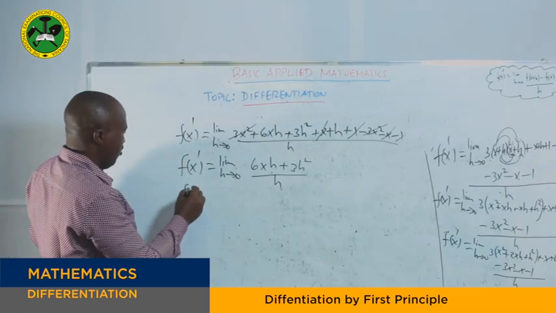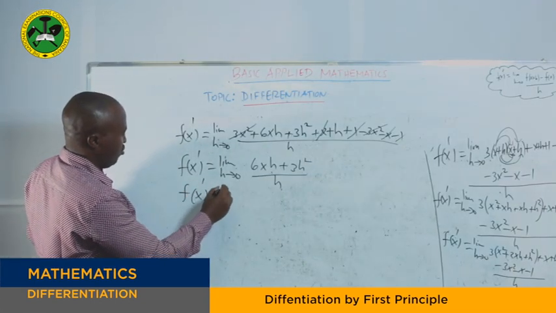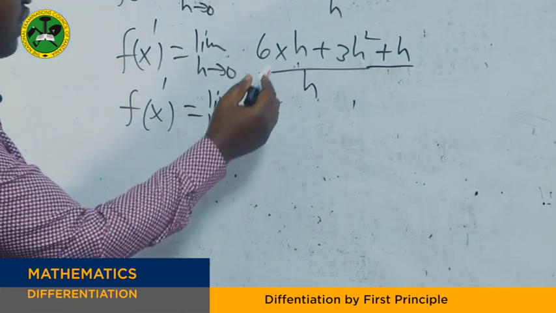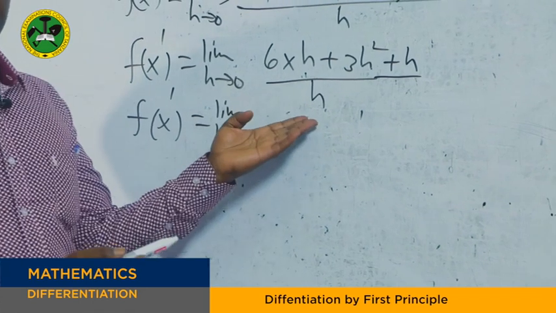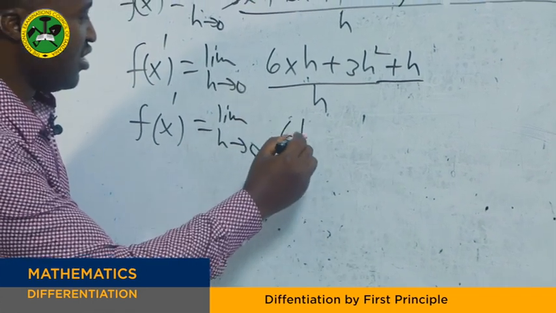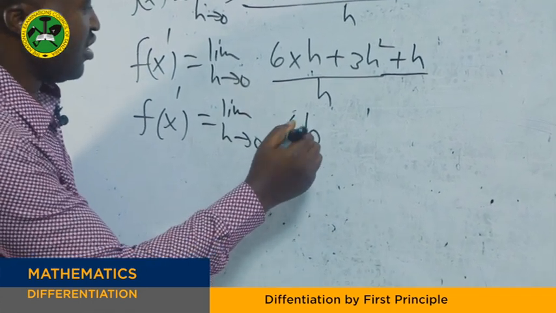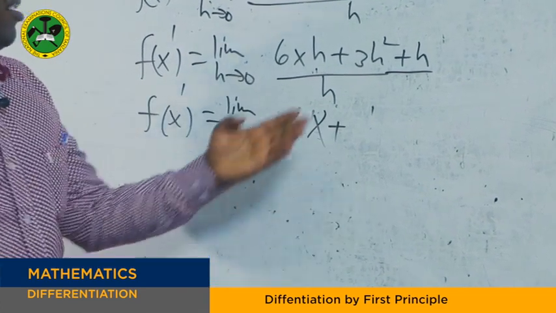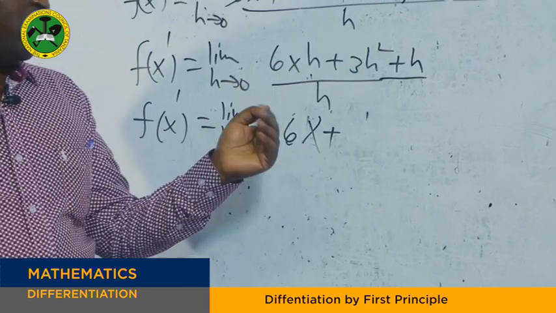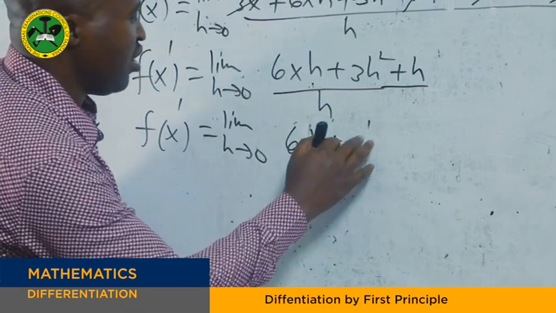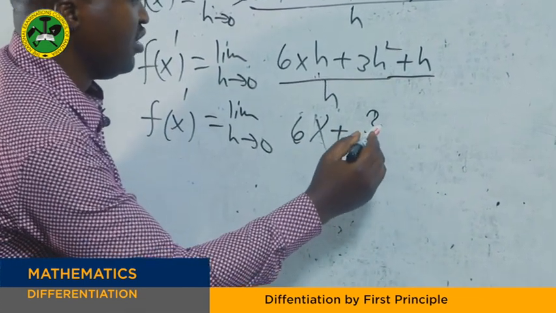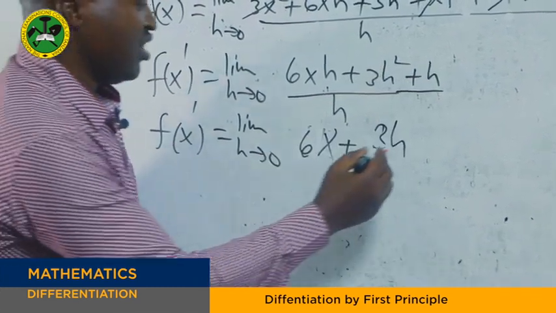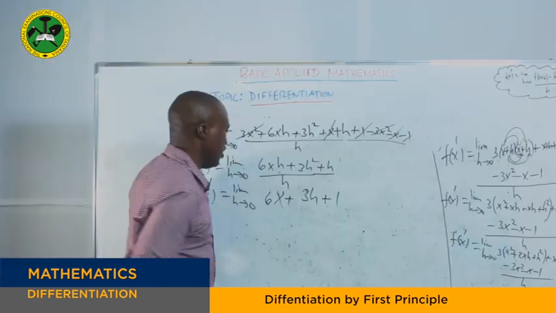Now, f'(x) is equal to the limit as h approaches 0 of 6xh divided by h, that is 6x, plus 3h squared divided by h, that is 3h, and h divided by h is 1.